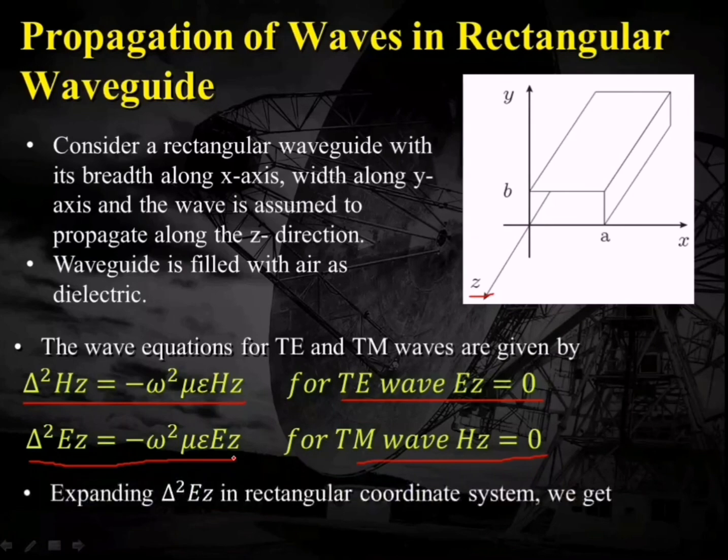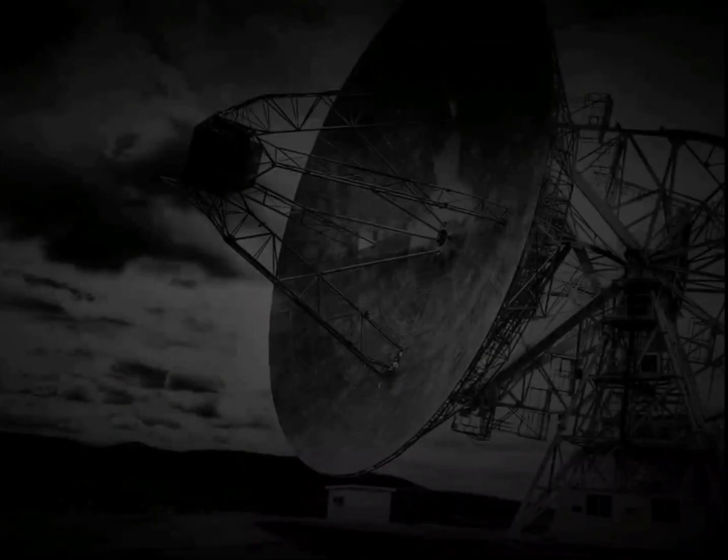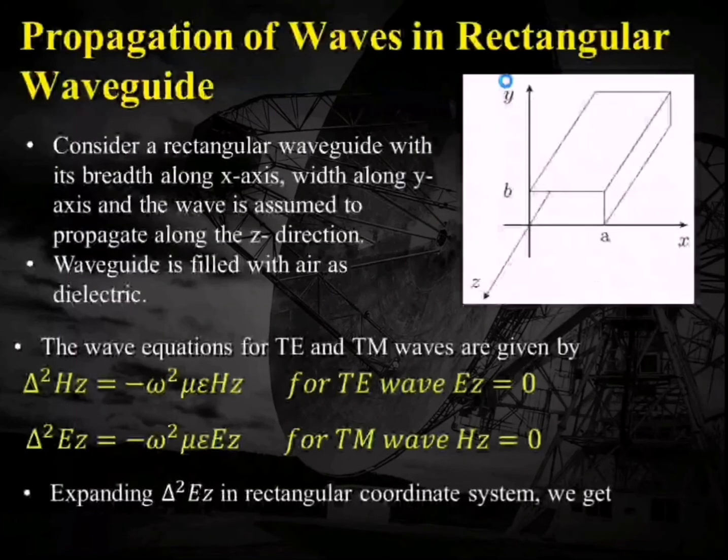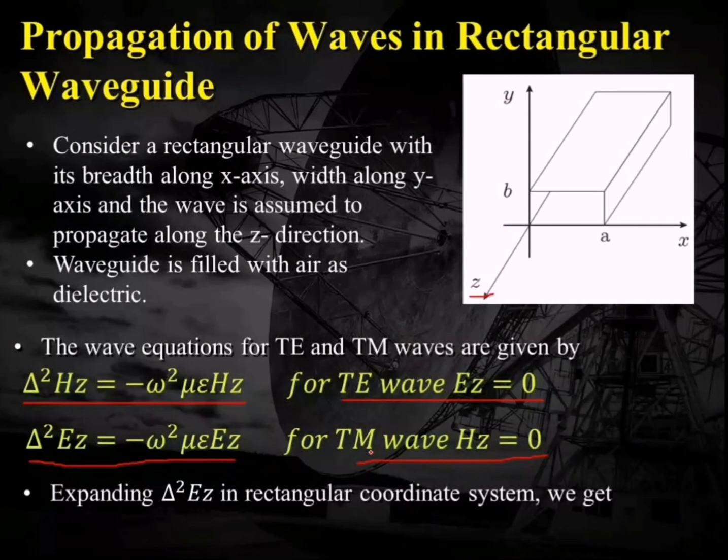Using these two equations and expanding them in the rectangular coordinate system, we get del square Ez by del x square plus del square Ez by del y square plus del square Ez by del z square is equal to minus omega square mu epsilon of Ez in the case of TM wave. So what I have done here, if we look at the TM wave, it is del square of Ez. So del square is nothing but del square by del x square, del square by del y square, and del square by del z square for all Ex, Ey, and Ez.